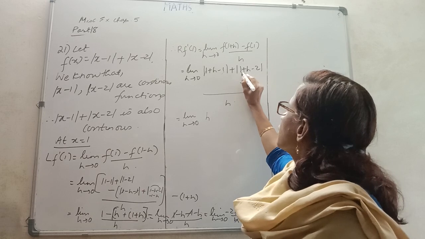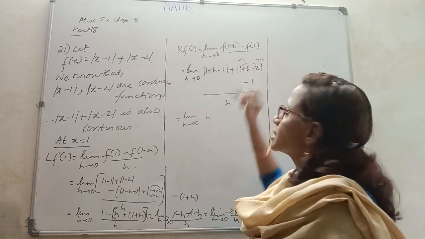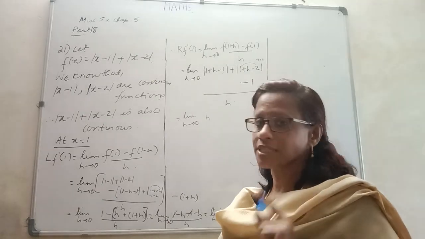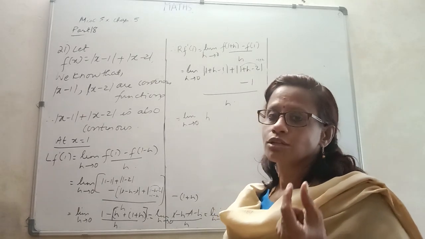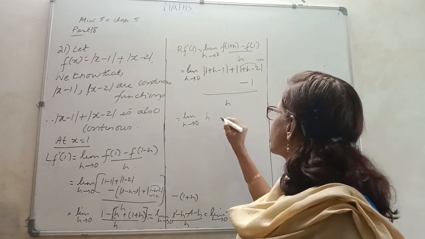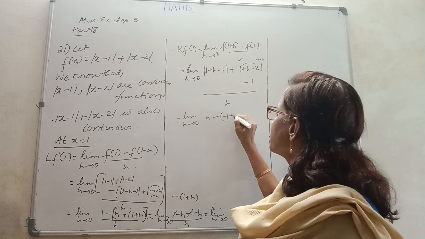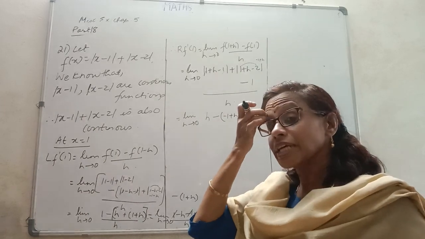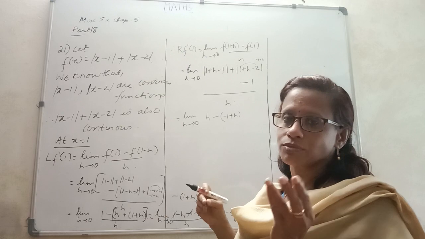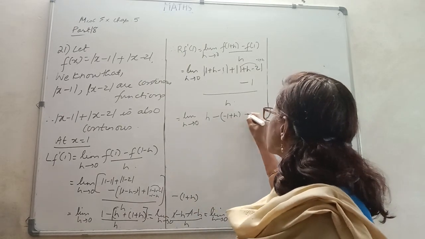Now 1 minus 2 means it's minus 1. Minus 1 plus h is a negative quantity, so the modulus is going to be minus of minus 1 plus h. Whenever we take the modulus, we get its positive, so to make it positive, we have to give an extra negative to it.